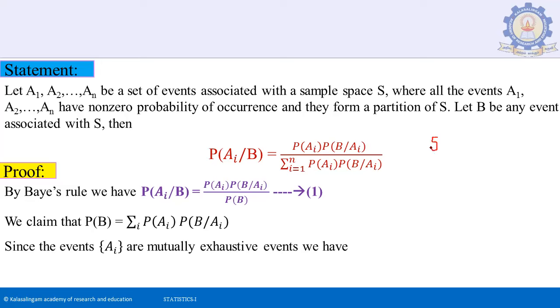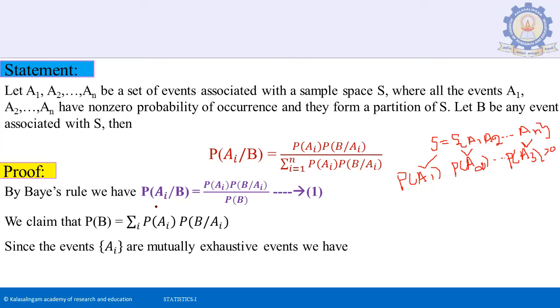So S is our sample space, having A1, A2, A3 up to An. Here the probabilities P of A1, P of A2, P of A3, and so on are strictly greater than 0, meaning these events have non-zero probability values.